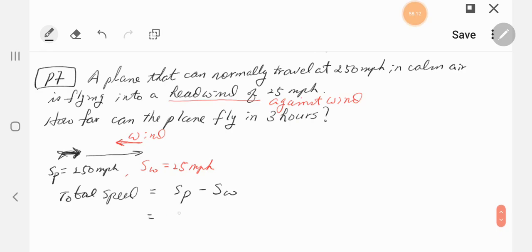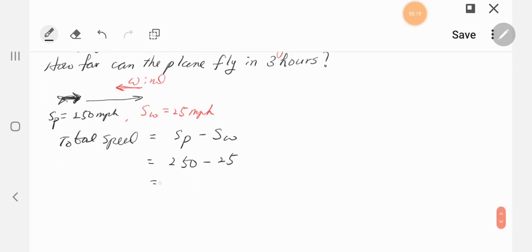So the speed of the plane is 250 and then reduced by 25 miles per hour. So there will be 225 miles per hour. So this will be the actual plane speed.